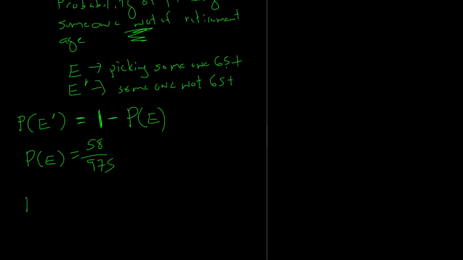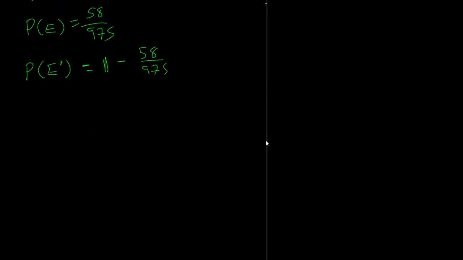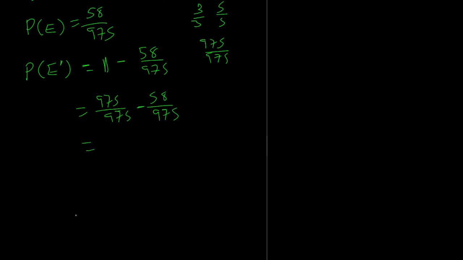And so what I want to do here is say the probability of picking someone that isn't retirement age is 1 minus 58 over 975. But notice, hey, you know what? I can write the number 1 many different ways. I can write it as 3 over 3, 5 over 5, or 975 over 975. And so I'll go 975 over 975 minus 58 over 975. And so I'll run to my calculator.